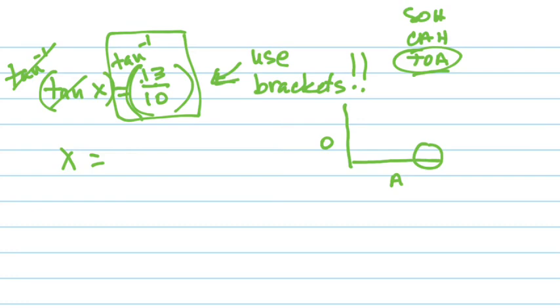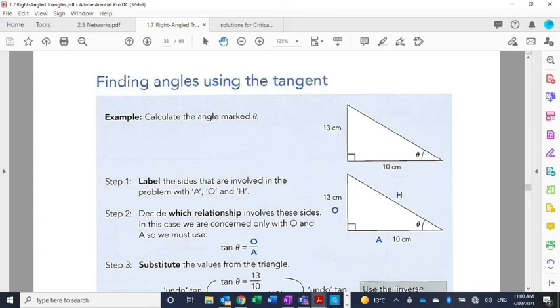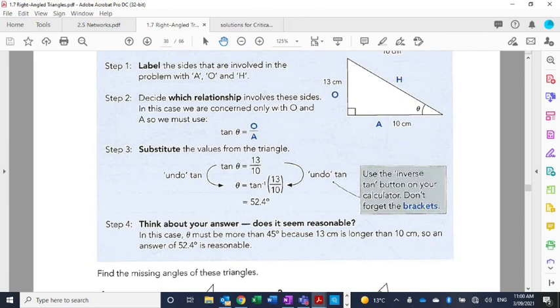Then you'll get your answer. So you get your 52.4 degrees. Okay? So it's very similar to what we've been doing, except in order to undo a tangent, you have to use the inverse trig function.